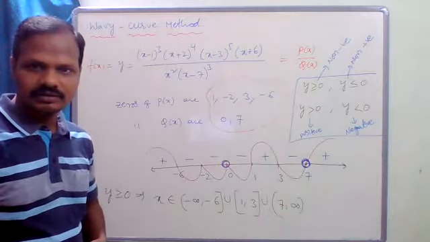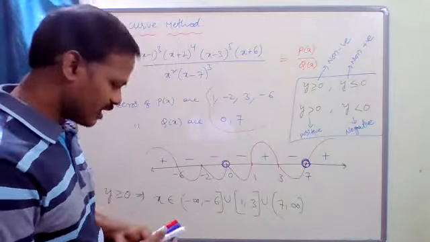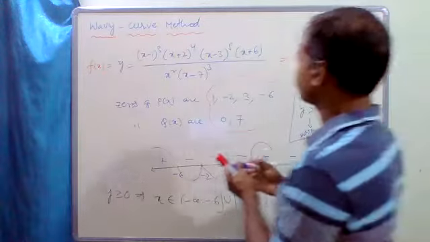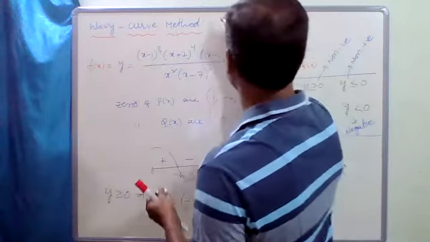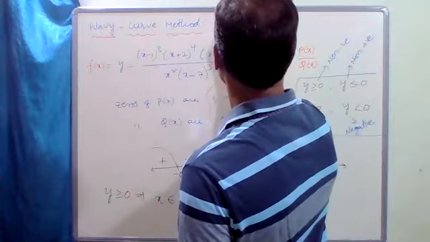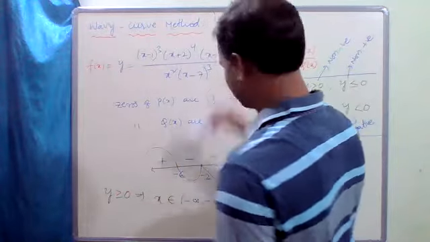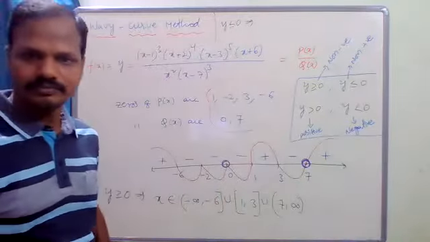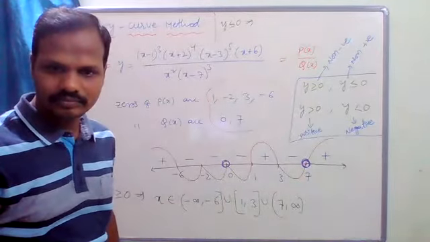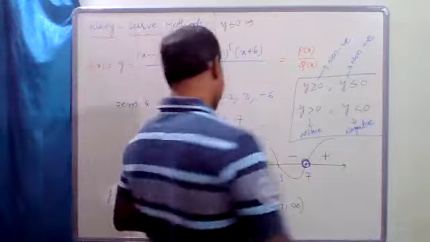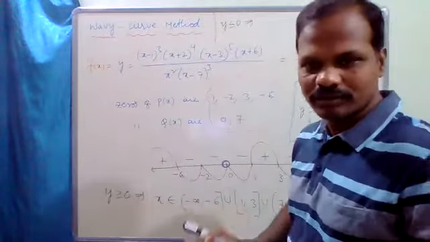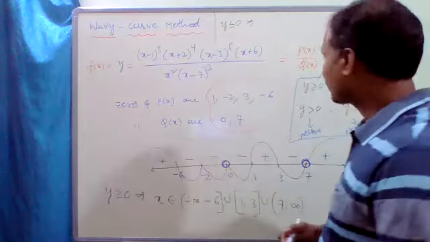Then let me give the answer for y less than or equal to 0. What is the x value? I want the answer from you people. Less than or equal to 0 means we have to move to the negative side.